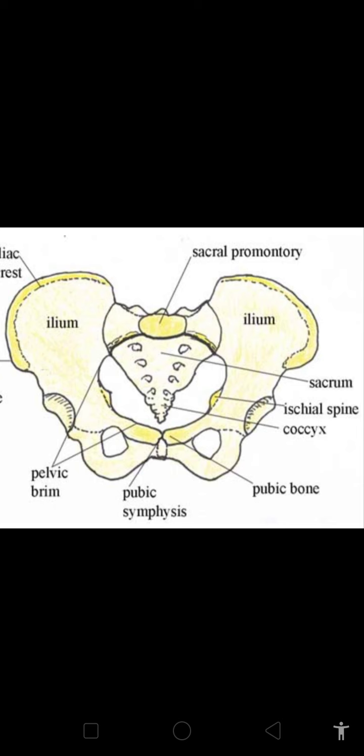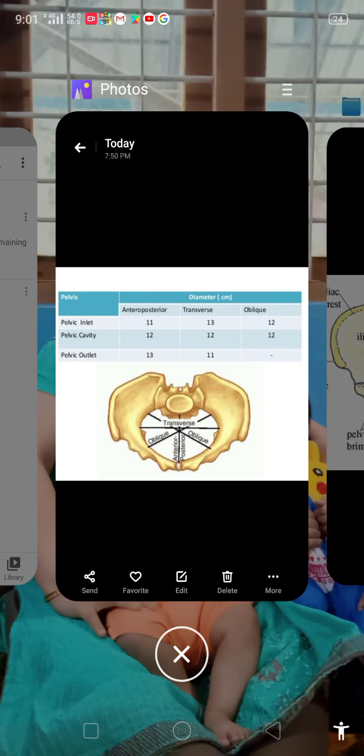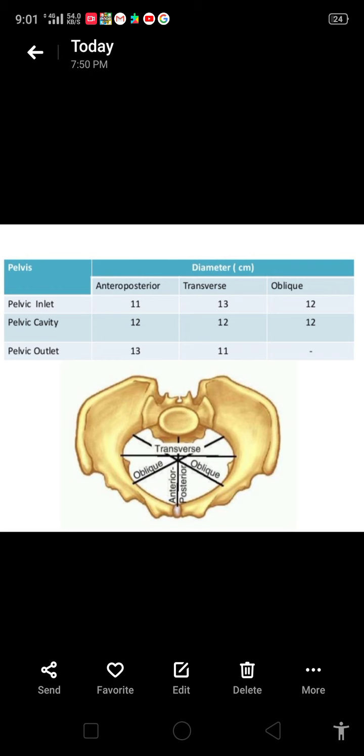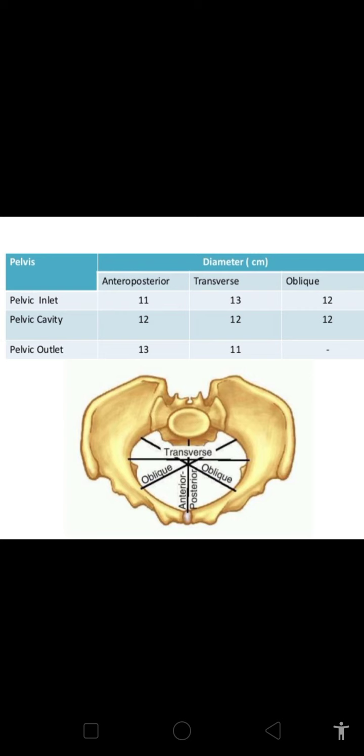So I hope you understood the brim, cavity and outlet. Now let us see the diameters. Diameters can be studied for all three, that is, inlet, cavity and outlet.